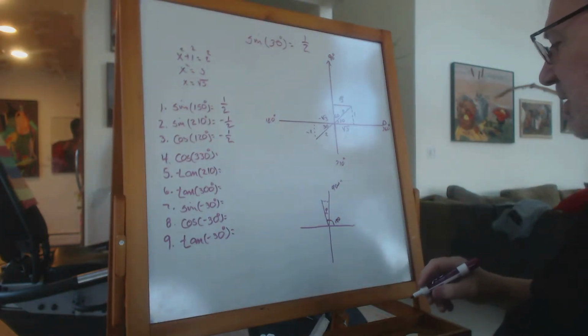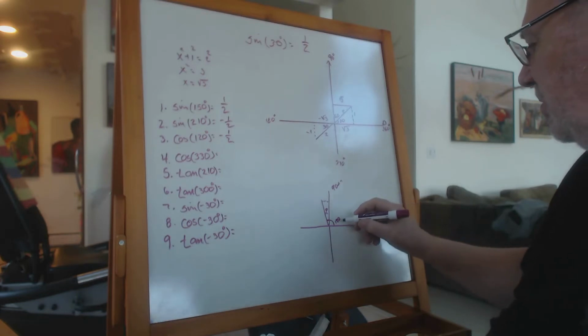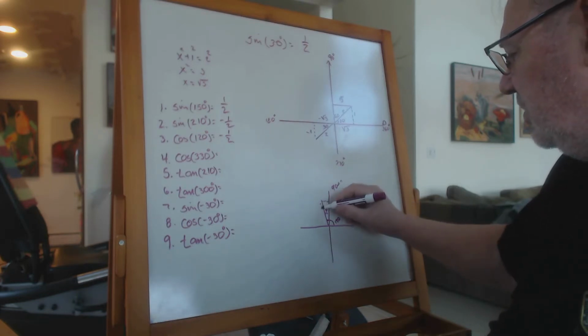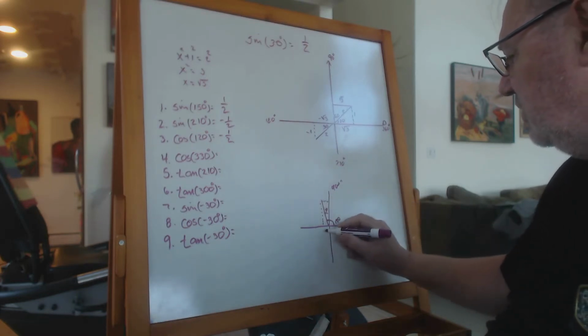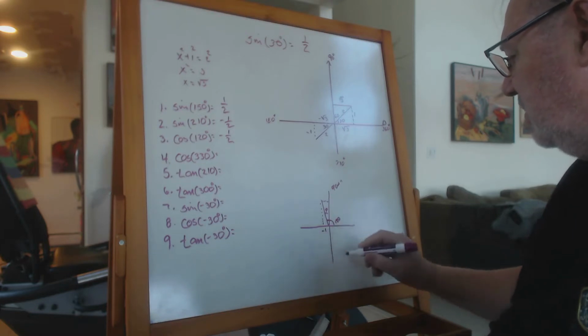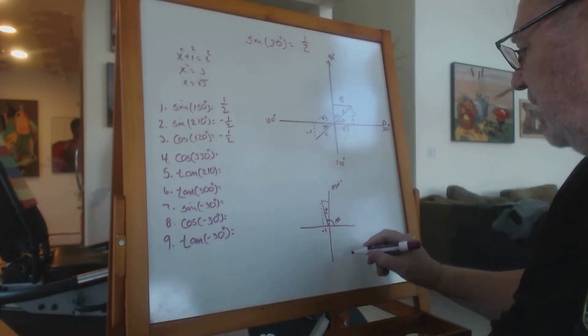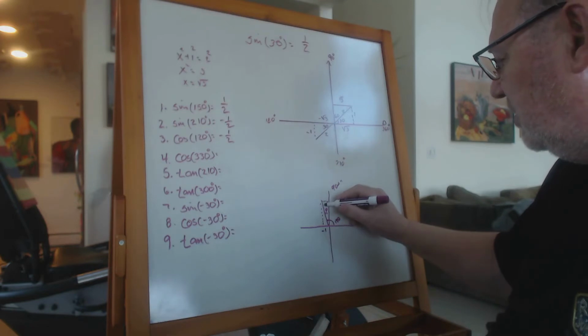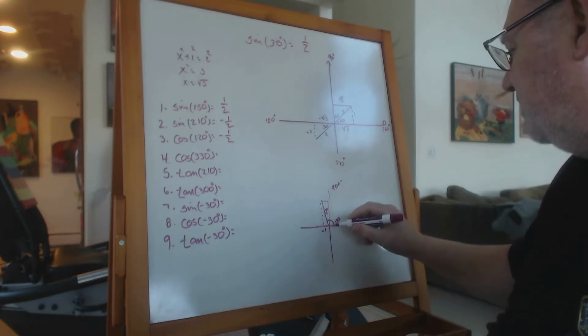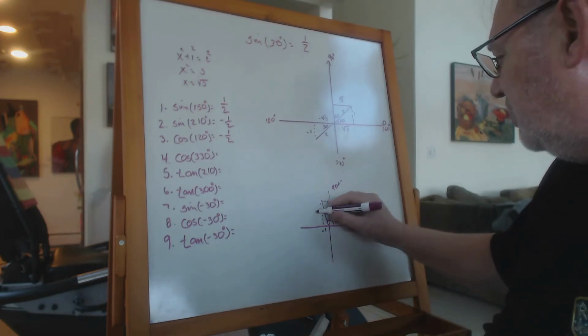And so that's -1, and this is square root of 3.